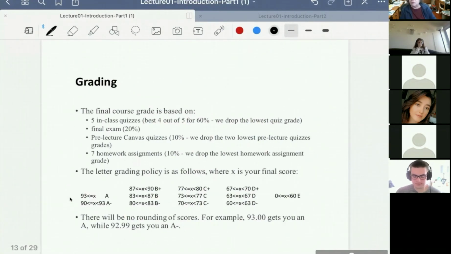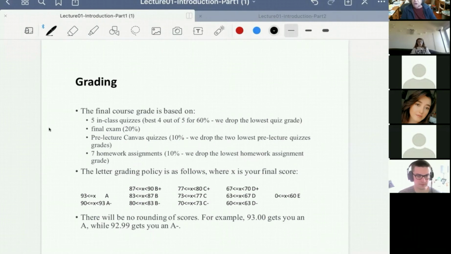So how will you be graded in this class? The final course grade is based on 5 quizzes, and to accommodate things as they arise in your life, we will count the best 4 out of 5 quizzes, and they'll count for 60%. We will drop the lowest grade.